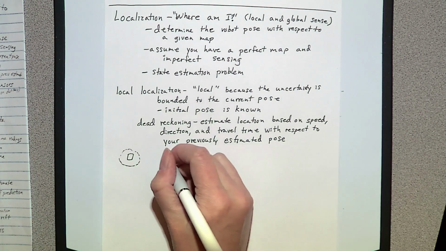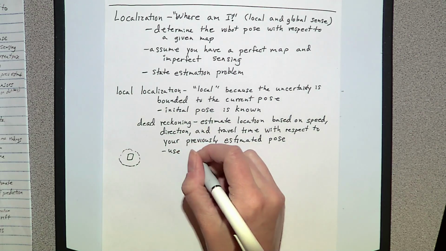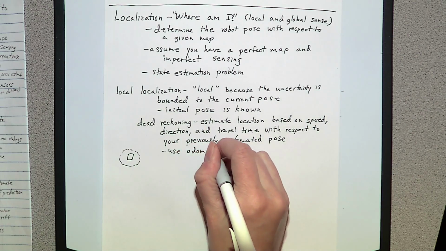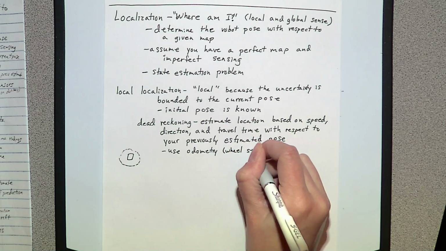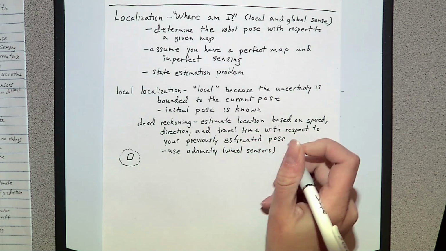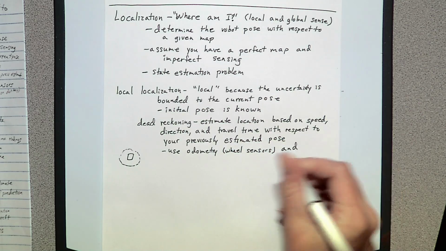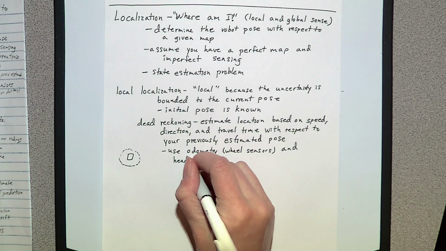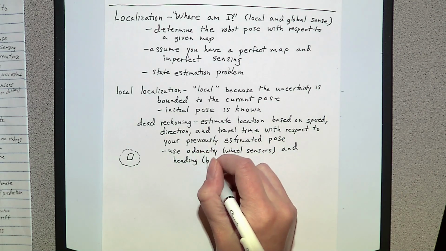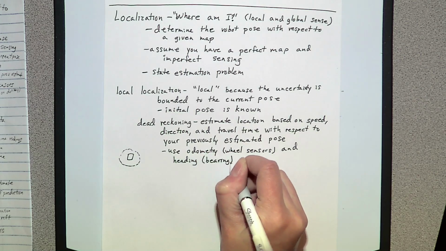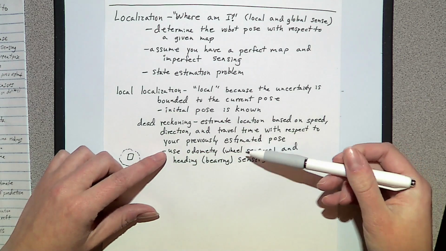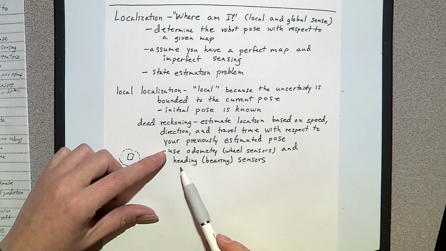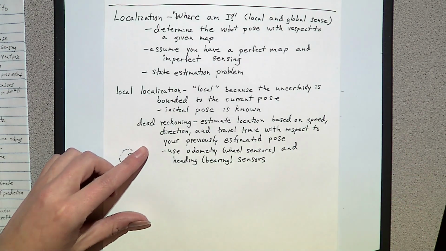And so for dead reckoning, we use odometry, so your wheel sensors, and heading, or you may also hear them referred to as bearing sensors. So the odometry gives us the speed, and the heading sensors give us the direction.